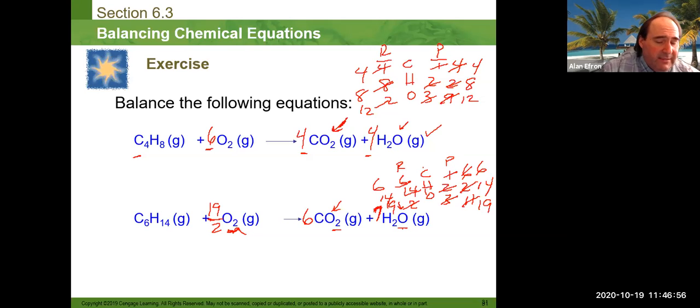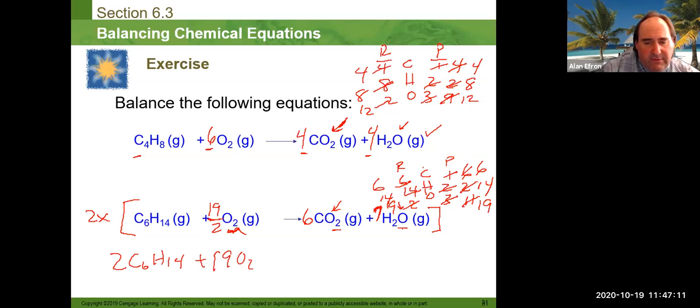Again, at this point, it is balanced, but we do have to clear the fraction because it is not properly balanced otherwise. So again, here we're going to multiply by the denominator, giving us 2C6H14 plus 19O2, 12 CO2, and 14 waters.